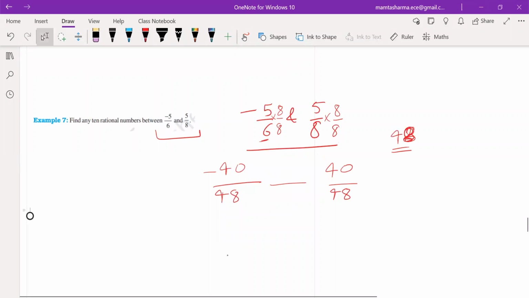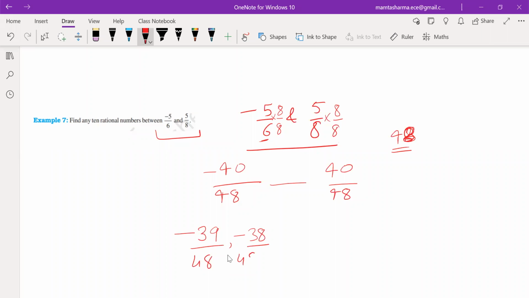Now start. What is the next number after minus 40? Minus 39. After minus 39, minus 38. After minus 38, minus 37.